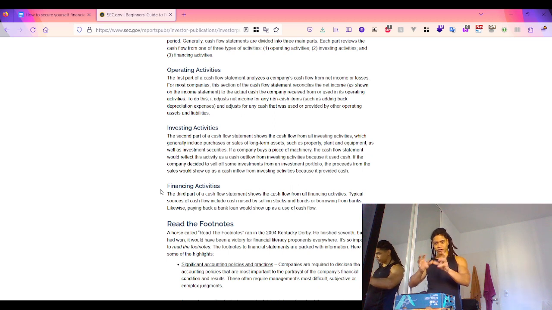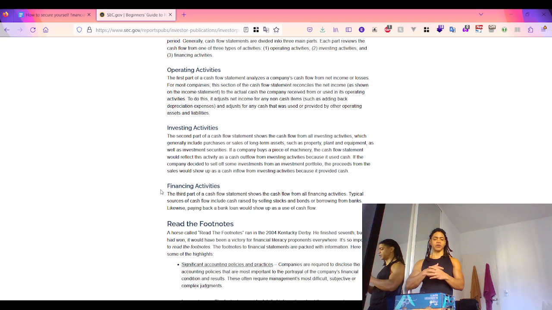So with that knowledge, and also an example of that, now I am able to move on to the next part of the cash flow statement, which is the investing activity.